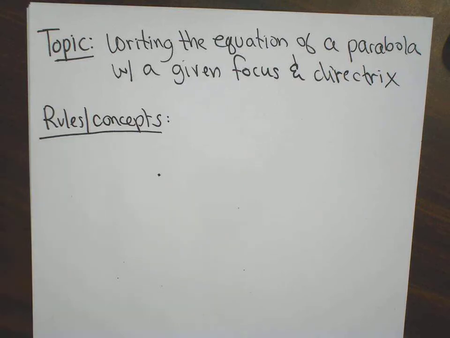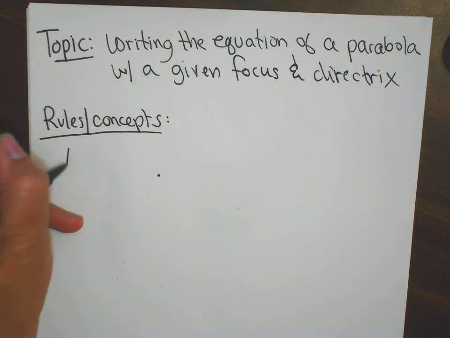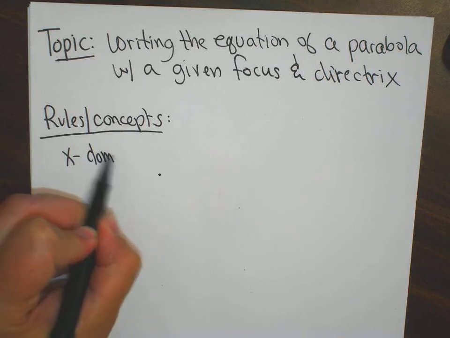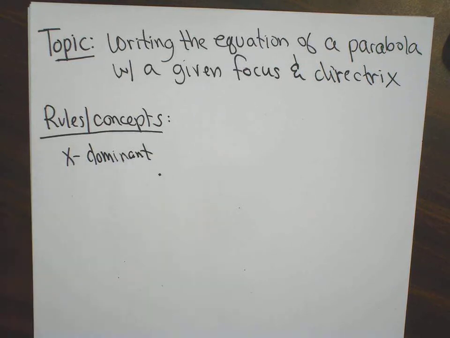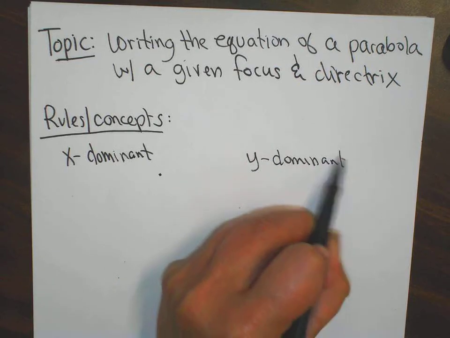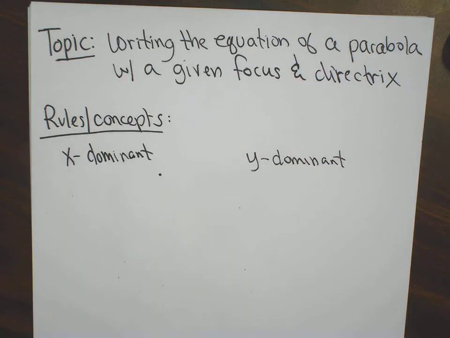We have two different standard forms for equations of parabolas. What's the first one? X dominant and Y dominant. So what is the standard form for an X dominant parabola?